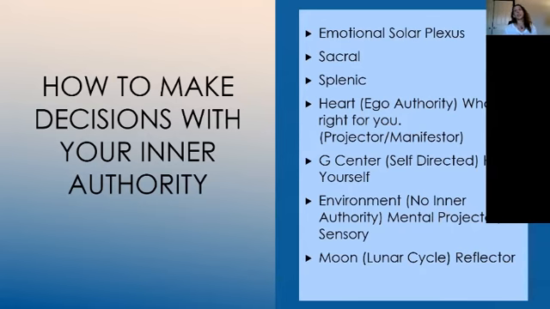Many of the other types, just going down, nobody else here are these types, but the heart, the G center, and the environment, which is mental. These types of people, mostly projectors, some of them are manifestors as well. They need to actually hear themselves say the idea out loud, and they need somebody within their reality who's going to honor that all they need to do is hear it and say nothing.